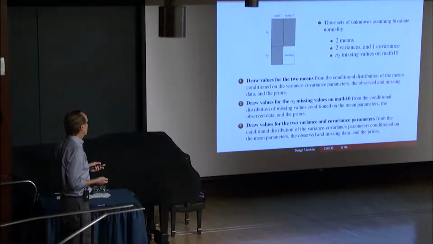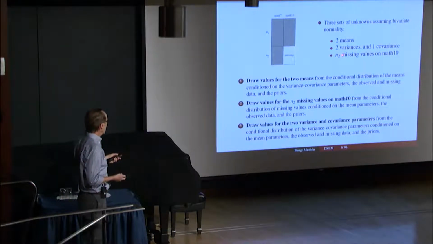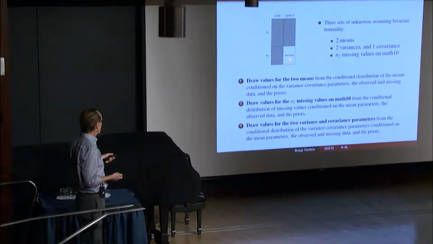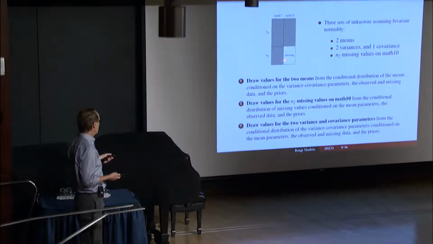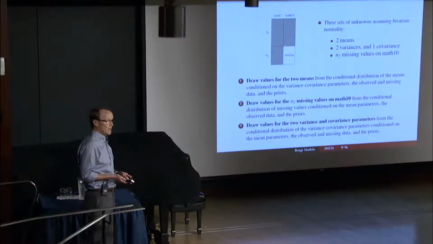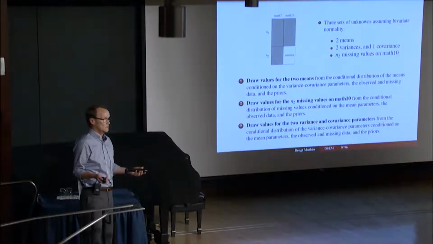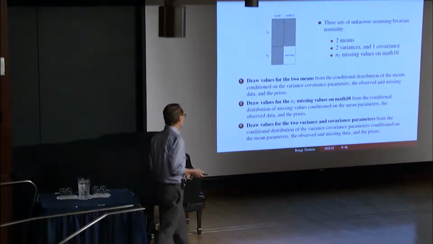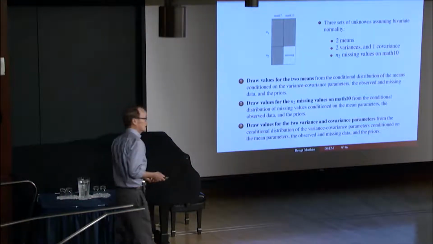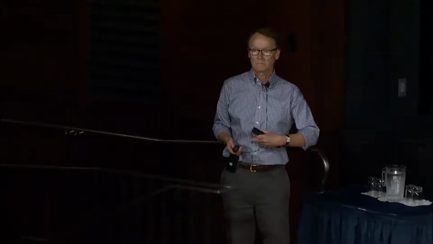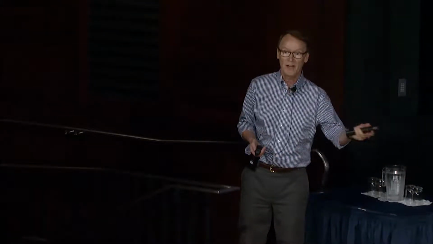But the third set are the missing values on Math 10 for the N2 people. So the missing values become unknowns in Bayes. They become parameters. Parameters are unknown things, but missing data pieces are unknown as well. So in your estimation, for the same price, you get estimates, you get the imputed values, so to speak.